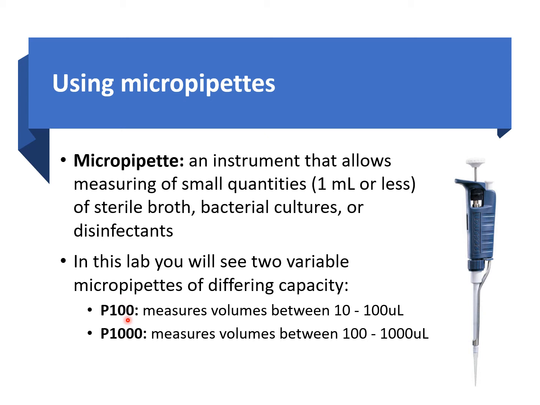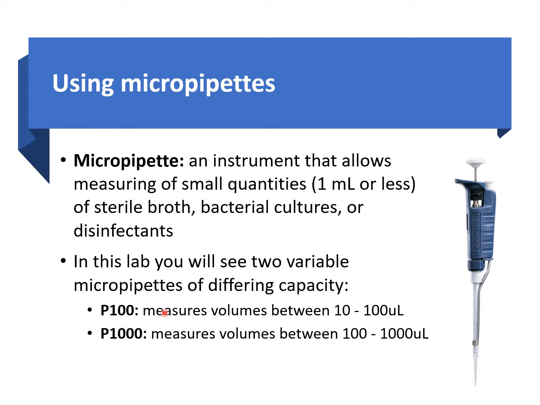The 100 is actually the maximum amount of liquid that micropipette can measure. P1000, we call it P1000 because 1000 is the maximum amount of fluid that micropipette can measure.